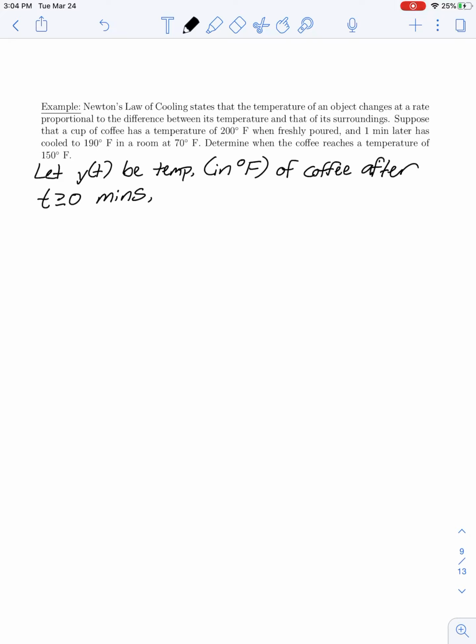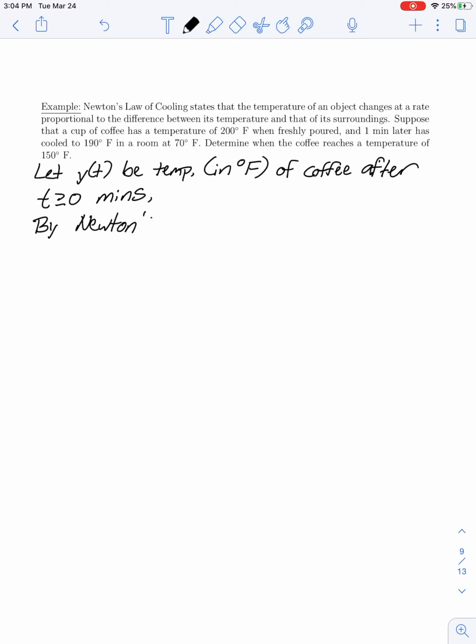Now, we're given some information about the rate at which an object changes temperature. In particular, Newton's law of cooling says that the temperature changes at a rate proportional to the difference between its temperature and that of its surroundings.